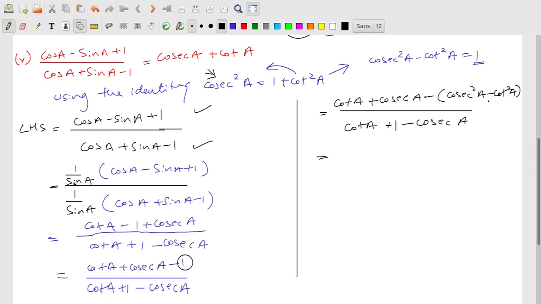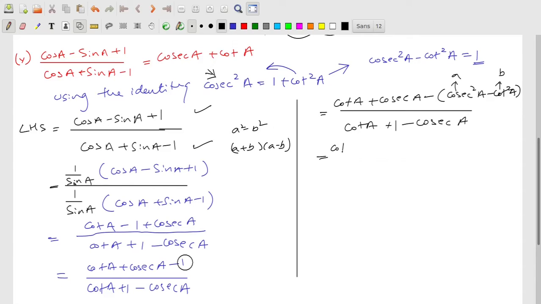Now we have this a square minus b square, and you know how to express it. This can be written as a plus b into a minus b. This is your a and this is your b. Let me write the identity somewhere here: a square minus b square is equal to a plus b into a minus b, right?